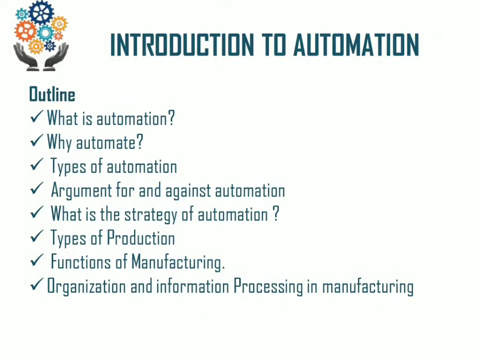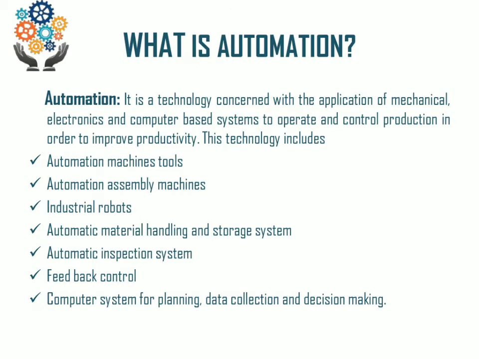Automation is a technology concerned with the application of mechanical, electronics and computer-based systems to operate and control production in order to improve productivity. This technology includes different components like automated machine tools, automated assembly machines, industrial robots, automatic material handling and storage systems, automated inspection systems, feedback control, and computer systems for planning, data collection and decision making.